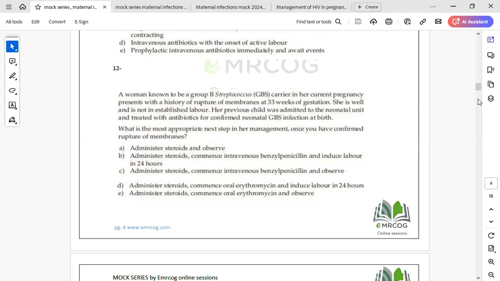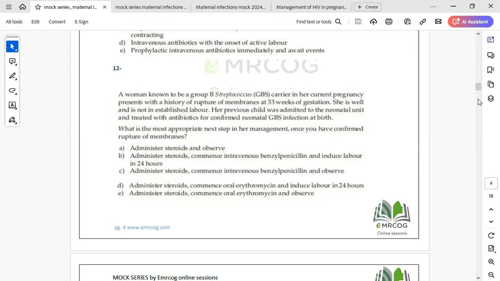This is really a good question. So don't rush for admission and induction unless they have told you in the scenario that the patient is having regular contractions. This is established labor.